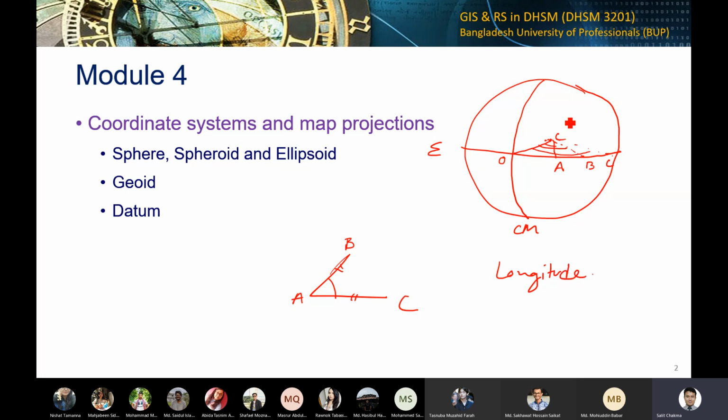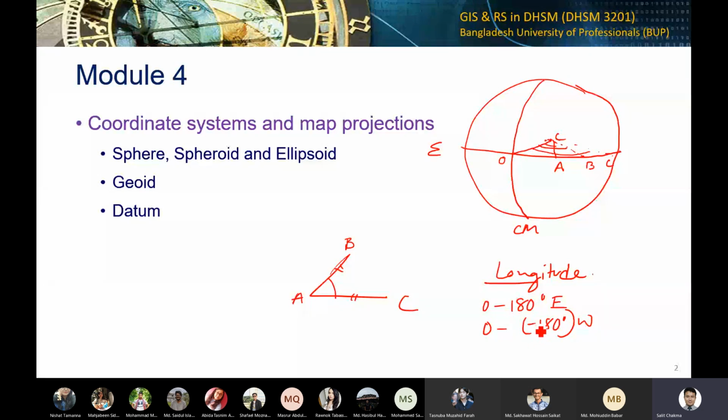So how to remember which one is longitude and latitude? Remember, longitude has the word long, so it's the longest. It has the longest range, from 0 to 180 degrees and 0 to minus 180 degrees. If we consider this one as east, minus would be west, and vice versa.